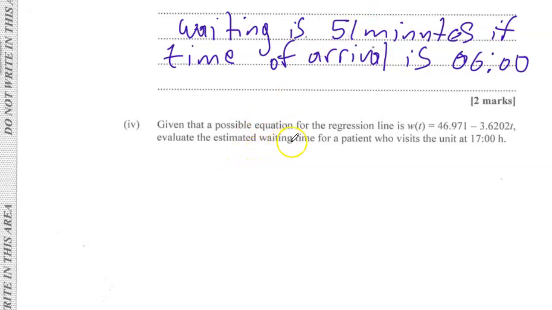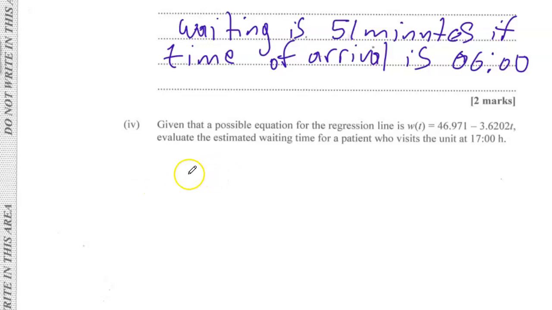Given that a possible equation for the regression line is W is equal to 46.971 minus 3.6202t. Calculate the estimated waiting time for a patient who visits the unit at 1700 hours.